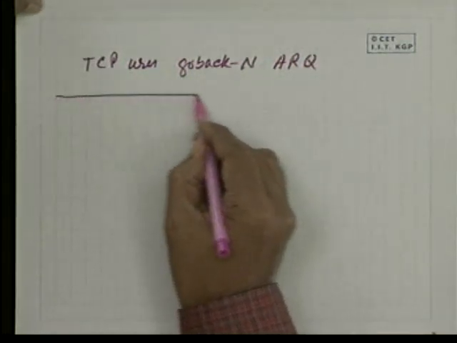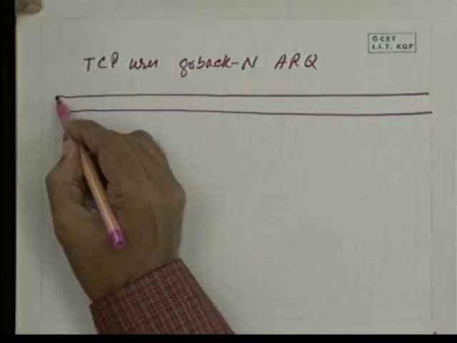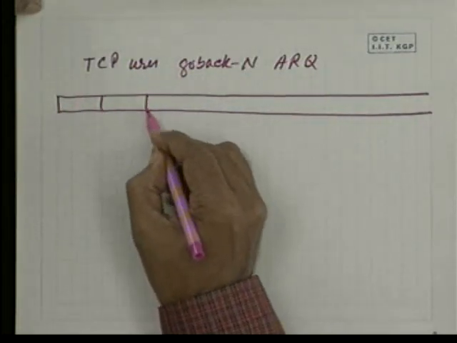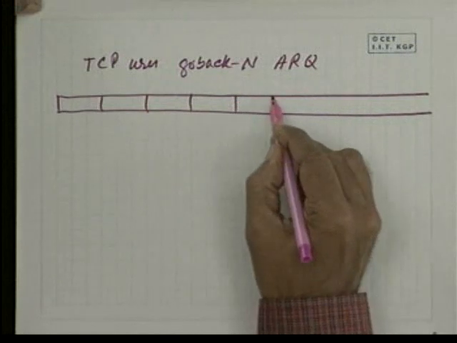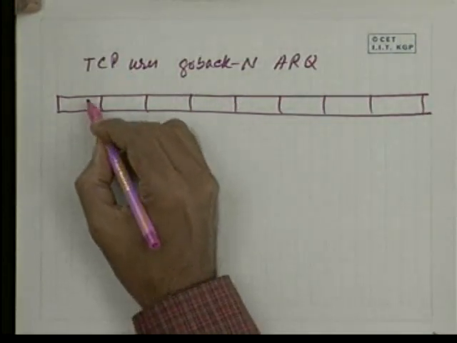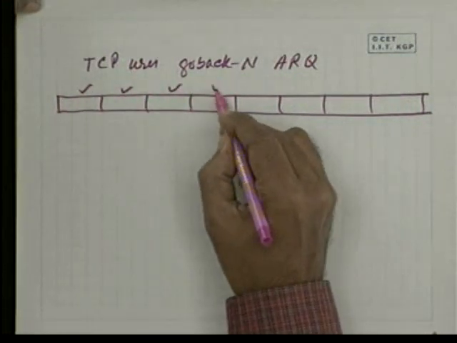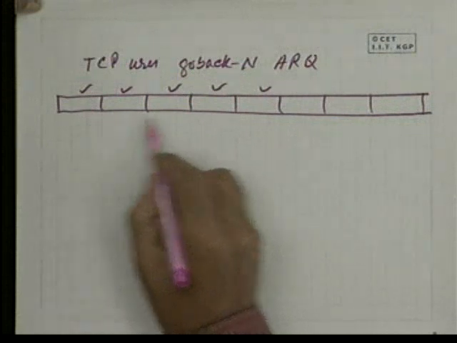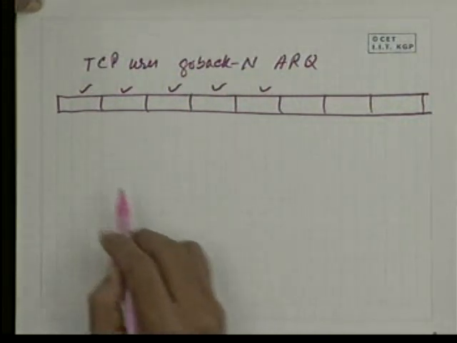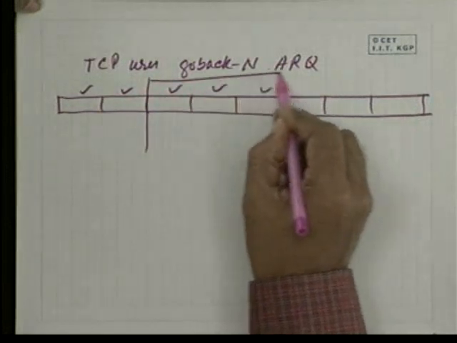Suppose this is the stream of data that is coming, which has been divided into a number of segments, and this has been sent, this has been sent, already sent. Actually, it can be represented with the help of 3 pointers. Suppose this is the window.